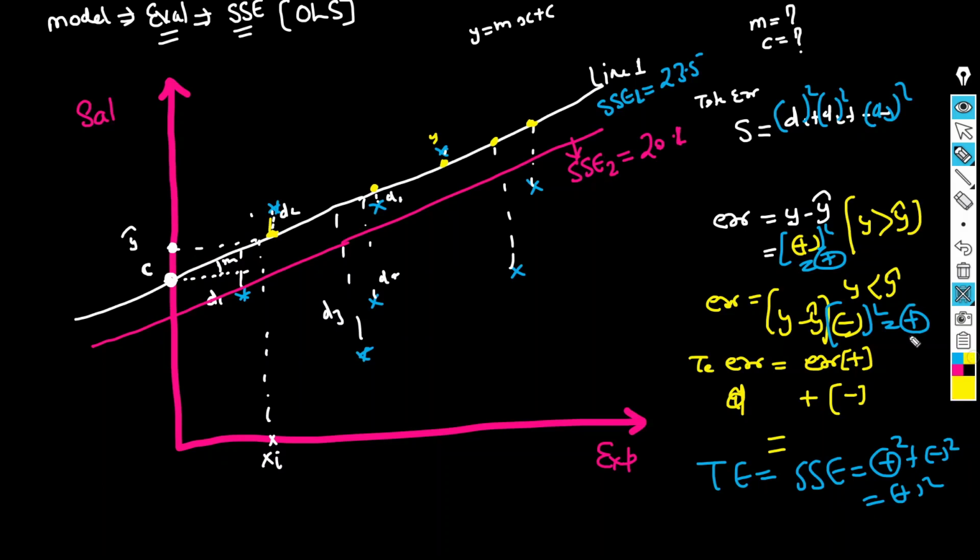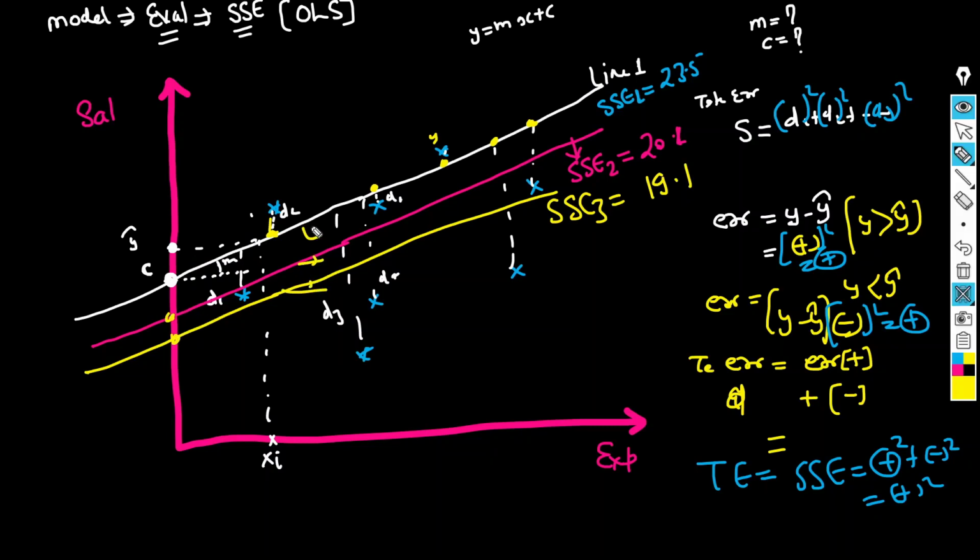Then again I draw one more line here. This is your SSE 3. Let's say I got 19.1. So this way we draw different lines and calculate the sum of squared error, and we also get the corresponding C value and corresponding M value, right?